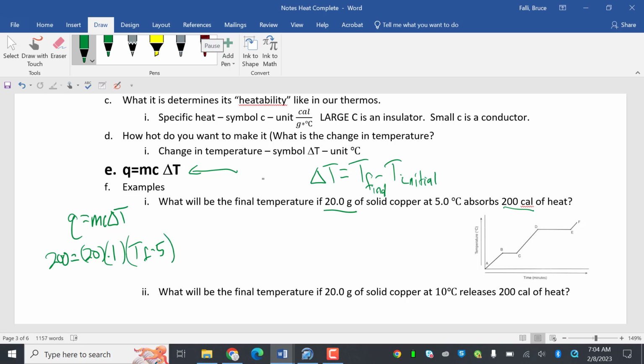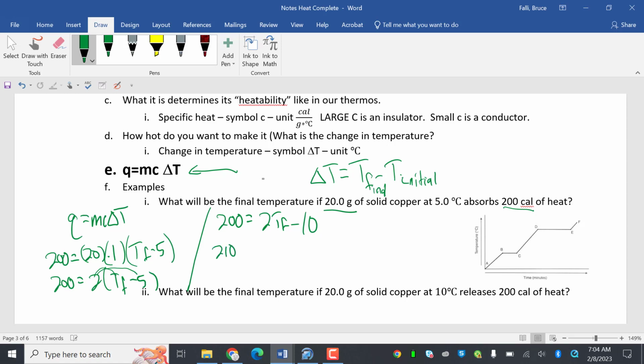I'm going to do it this way. So 200 equals 2, multiply those two together, times T sub F minus 5. Now I'm going to do the thing we do badly, which is remembering to distribute. 200 equals 2 T sub F minus 10. 2 times 5 is 10. So I'm going to kick my 10 to the other side.